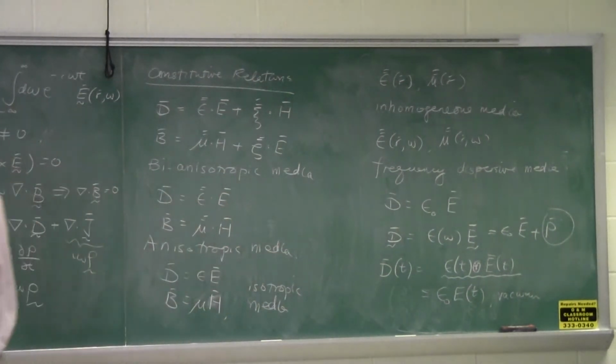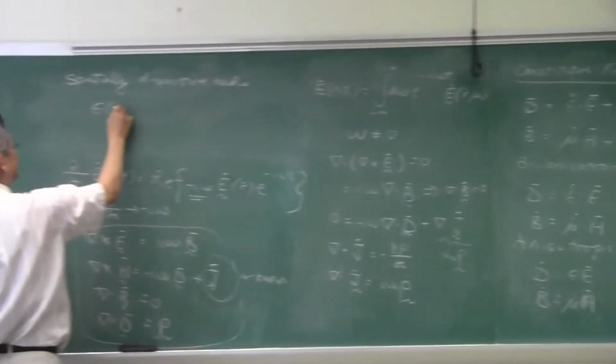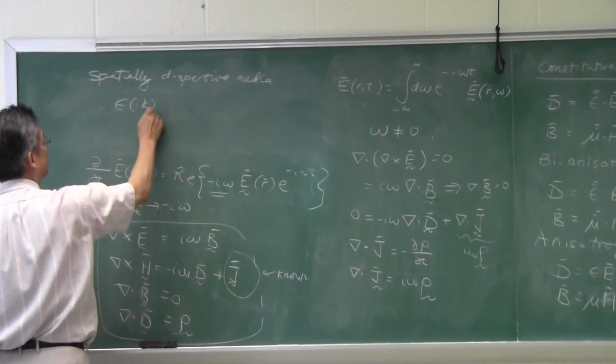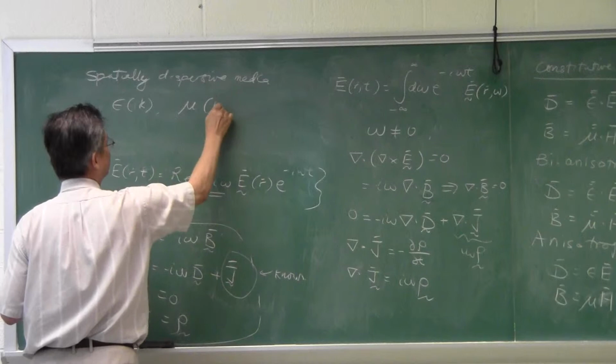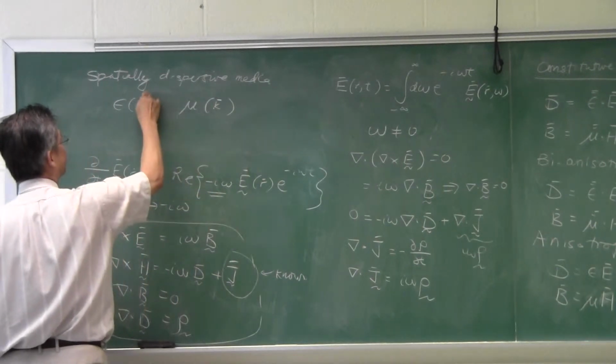And then of course you have spatially dispersive media. Then epsilon is a function of k. Mu can be a function of k, for instance, or maybe even the k vector.